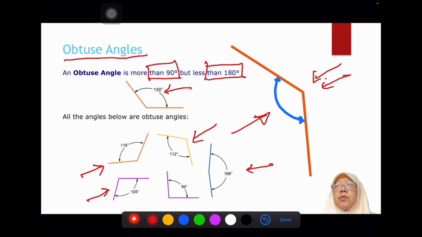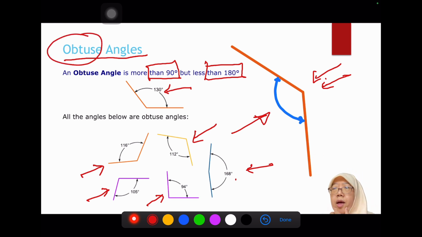So what you can do with this kind of activity is for your students to use their protractor and find the angles. Okay, find the obtuse angles.